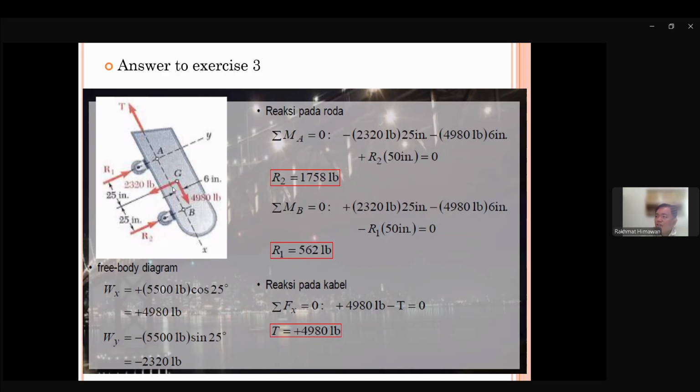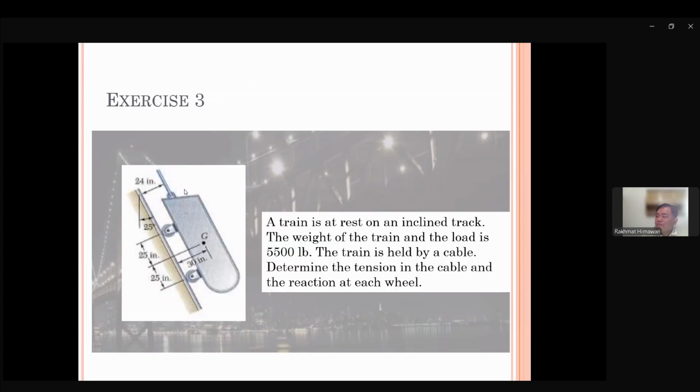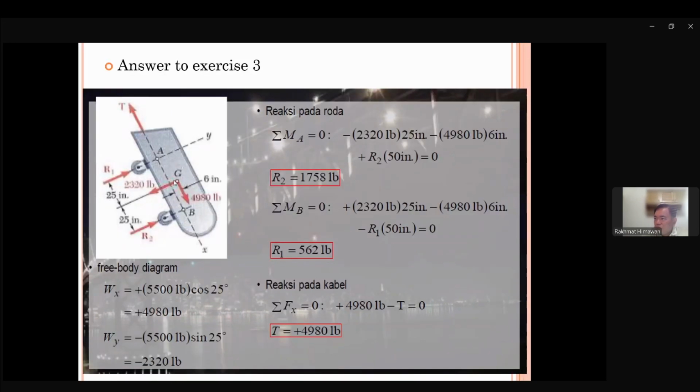This is already calculated based on this angle. If we have 5,500 going in negative Y, how much is here, and how much is here? We just need to use trigonometry. From 5,500 going down, it becomes 2,320 pounds in this direction and 4,880 pounds going in this direction.